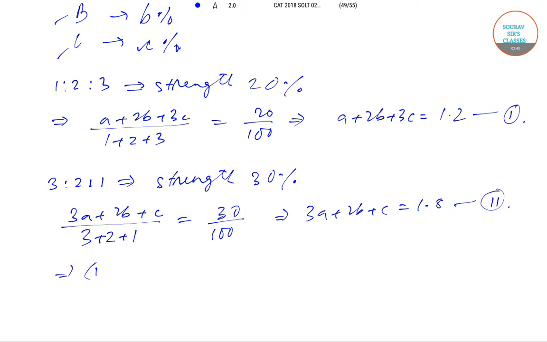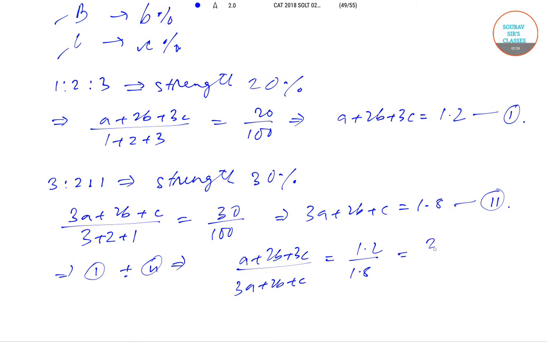Now, if we divide equation 1 by equation 2, then this will be (A plus 2B plus 3C) divided by (thrice of A plus twice B plus C) equal to 1.2 divided by 1.8, and this will be equal to 2 by 3. So upon cross multiplication, this will give us 3A plus 6B plus 9C is equal to 6A plus 4B plus 2C.